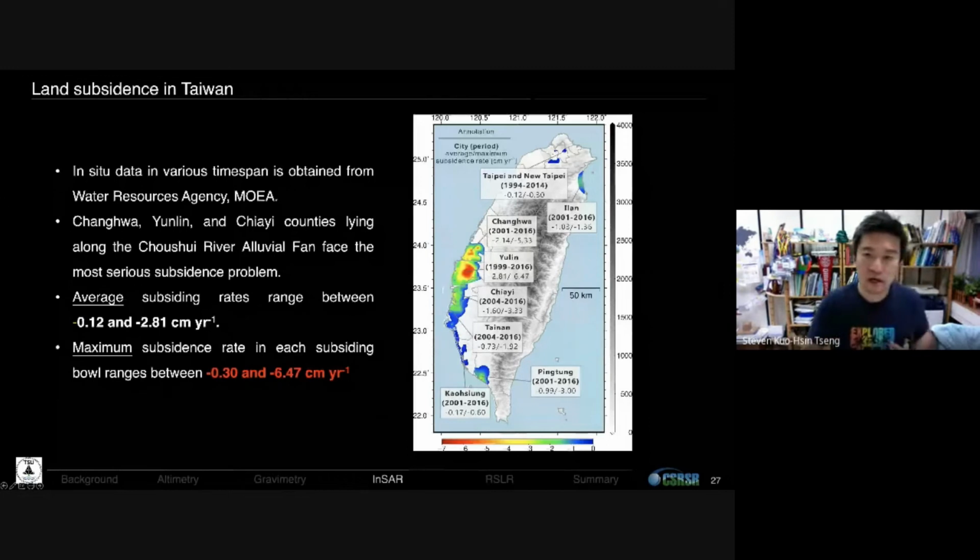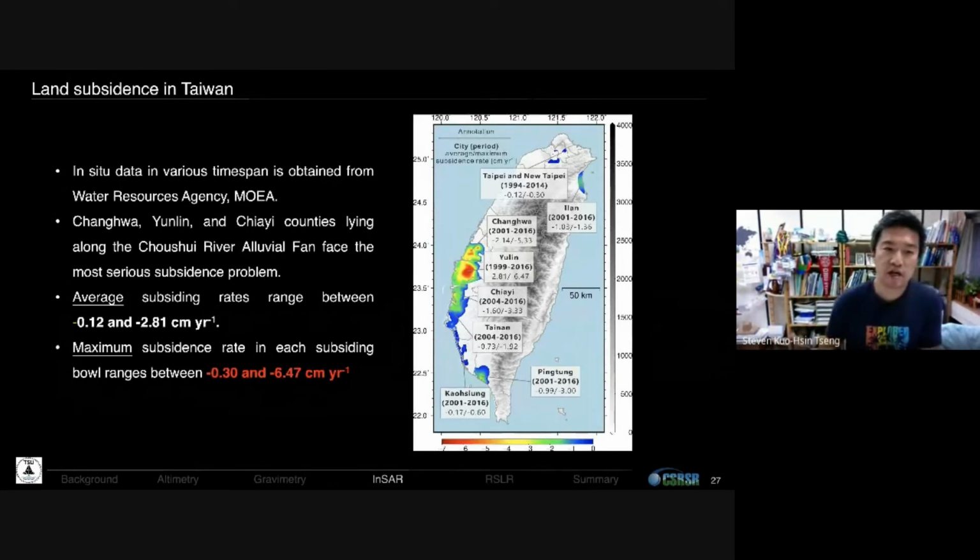Okay, so I'll go into the SAR part, the synthetic aperture radar. Everybody knows it can monitor land motion by using interferometry. We have a pre-event image and a post-event image. When we take the difference of the phase, we have a so-called interferogram.